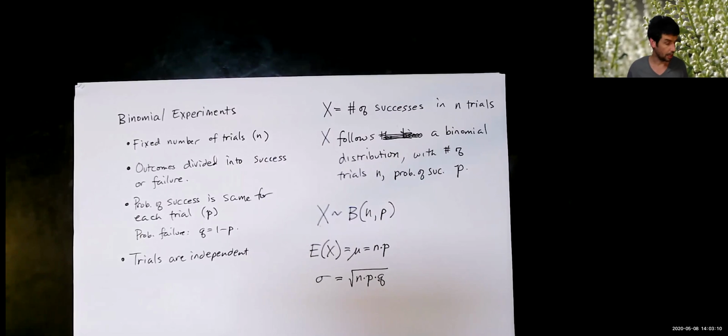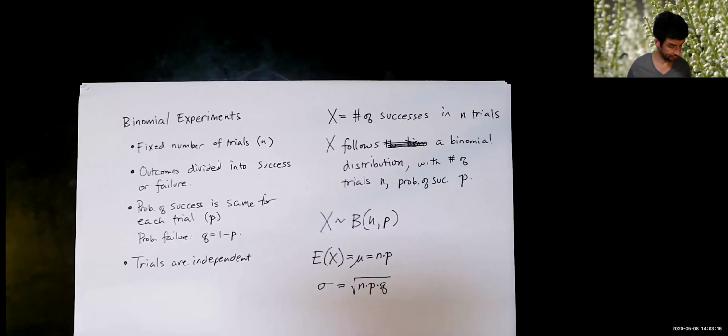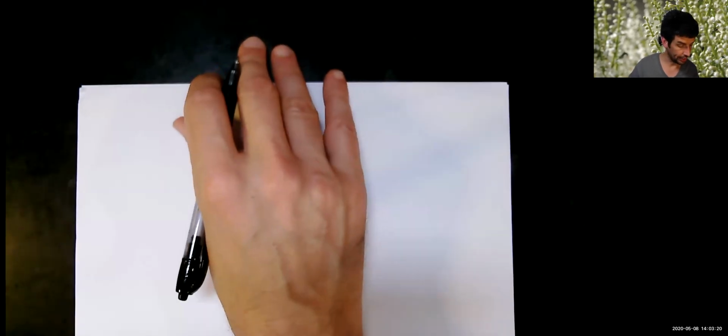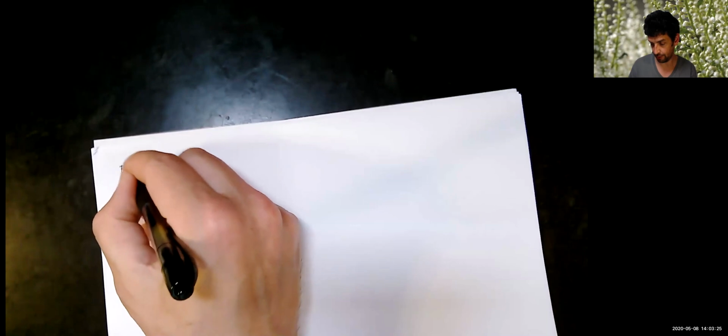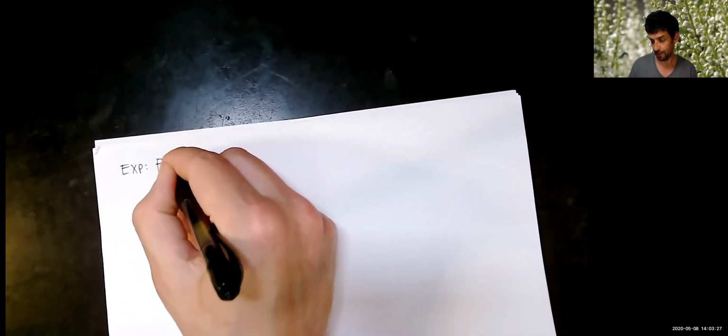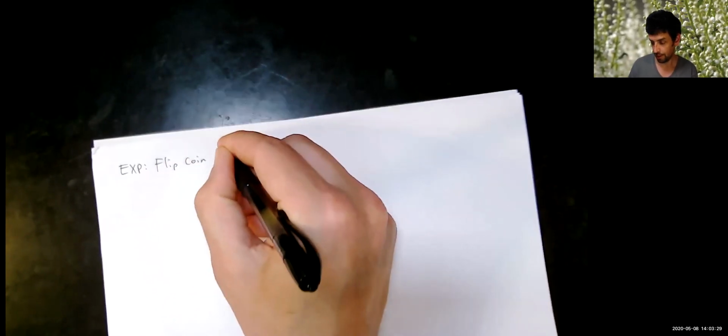Okay. All right. Let's do an example. We'll do a couple more examples to finish this off. So let's just look back at a very familiar experiment, our old standby, flip a coin 3 times.